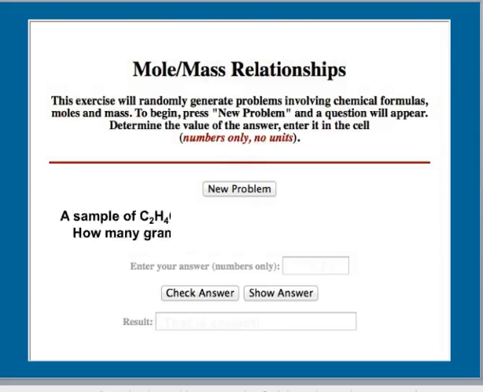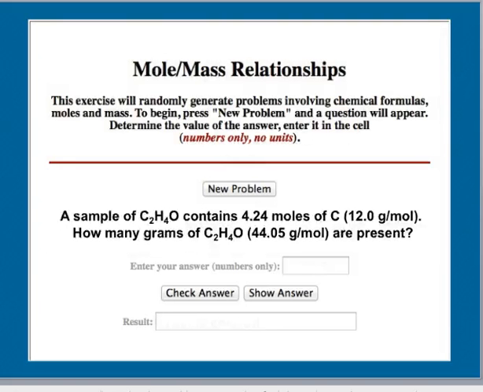One more. We have C2H4O. It has 4.24 moles of carbon. How many grams of this stuff do we have?